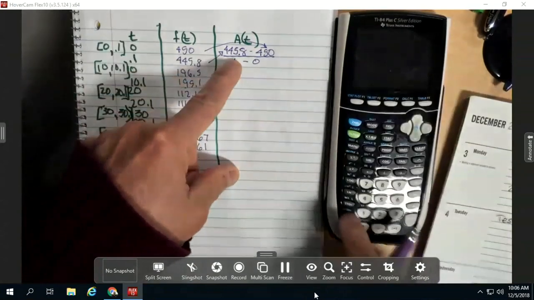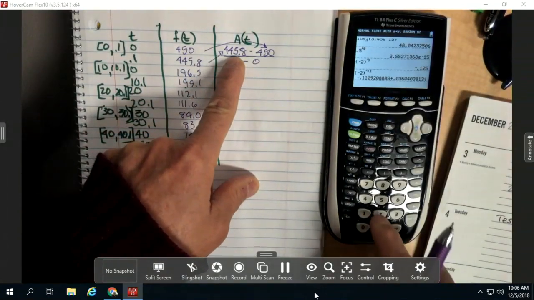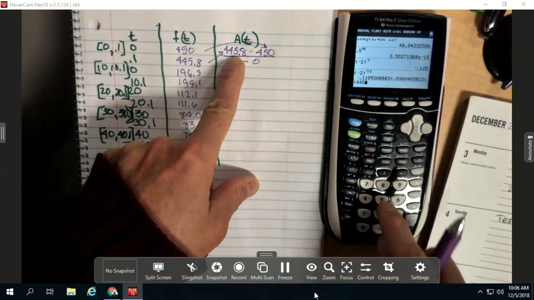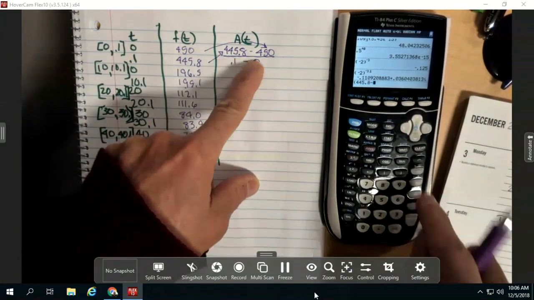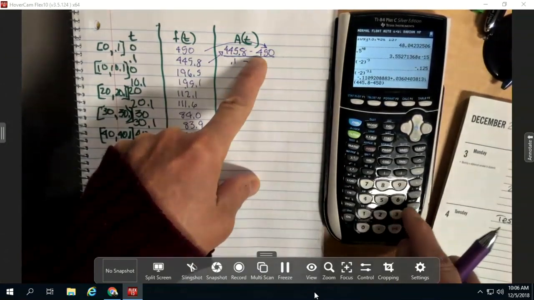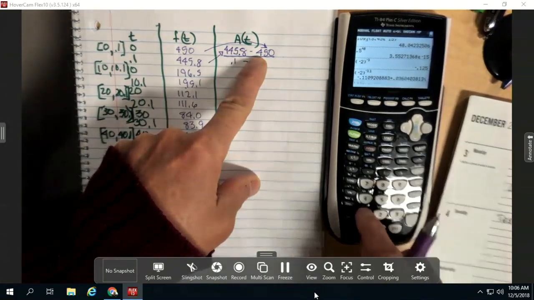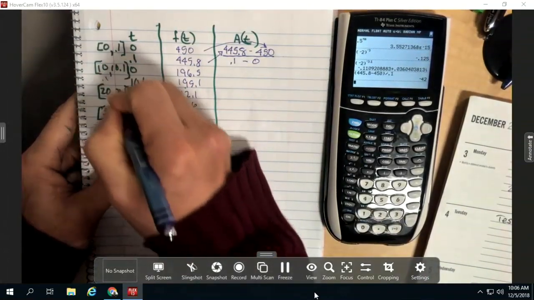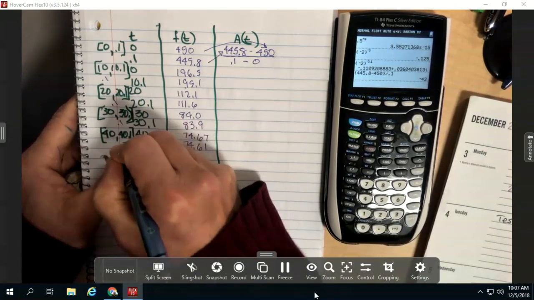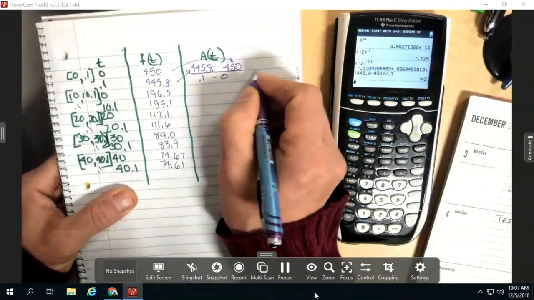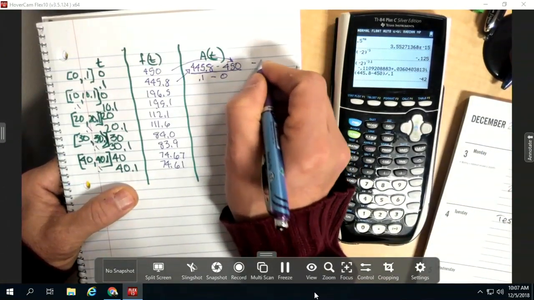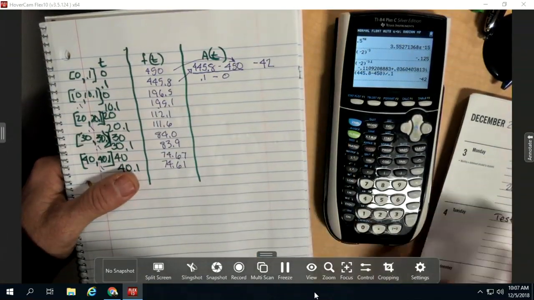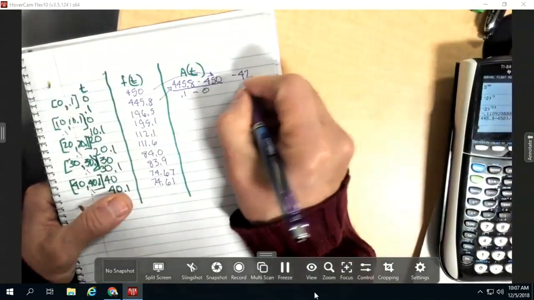So on my calculator, I get 445.8 minus 450, close parentheses, divided by, and I'm going to just put 0.1 because each one of these are 0.1 apart. So each time my number that I get is going to be one number apart, or 1/10 apart.